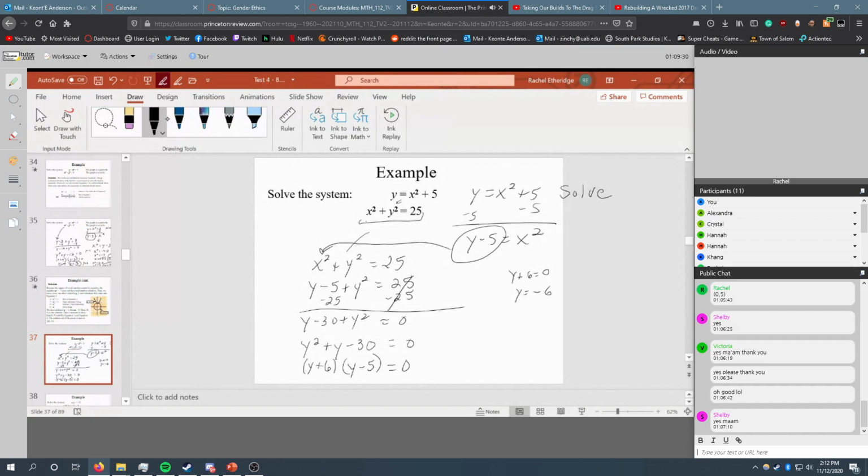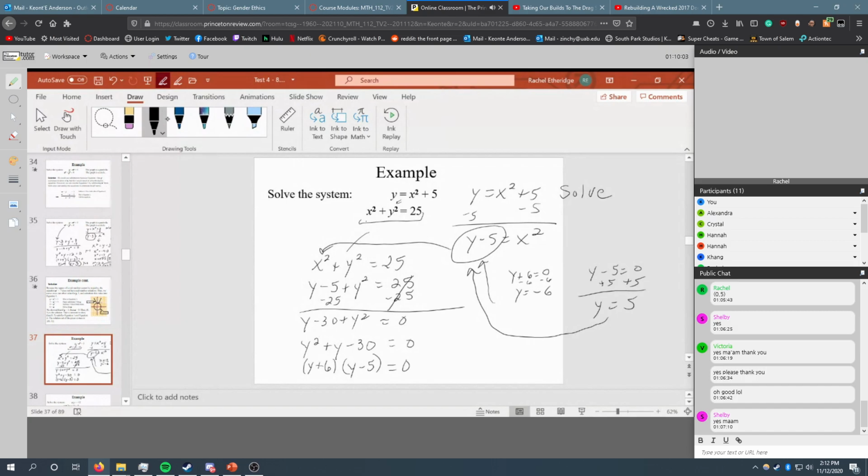So when I take y plus 6 and set it equal to 0, I subtract 6 and get y equals negative 6. And y equals 5. Take these and substitute them back in place of y and solve for x. Because I have one more problem I'm going to try to work before we leave, I'm going to let you do that.